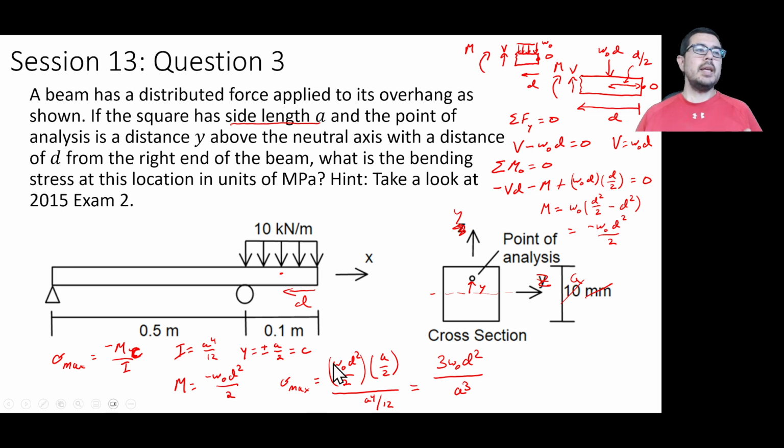If you look at this solution from 2015 for exam 2, it's not a bad idea to look at it. You'll see that I went through the involved process of going from left to right and calculating the moment across the beam and then across the overhang as well.